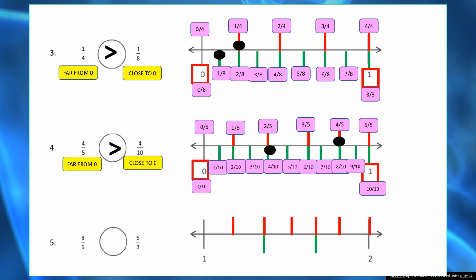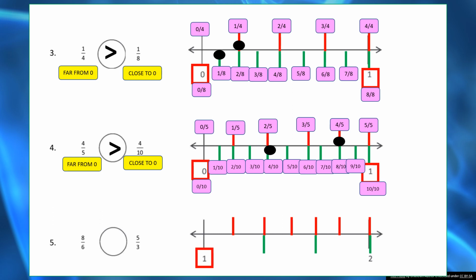Now, just like before, I want you to box in your whole numbers. Now, notice this number line doesn't start with 0. It starts with the number 1, and it ends with the number 2, which means our beginning fraction is going to look a little different. The numerator of the fraction that we start with is not going to be a 0. We have to figure out what fraction is equivalent or equal to 1 whole.